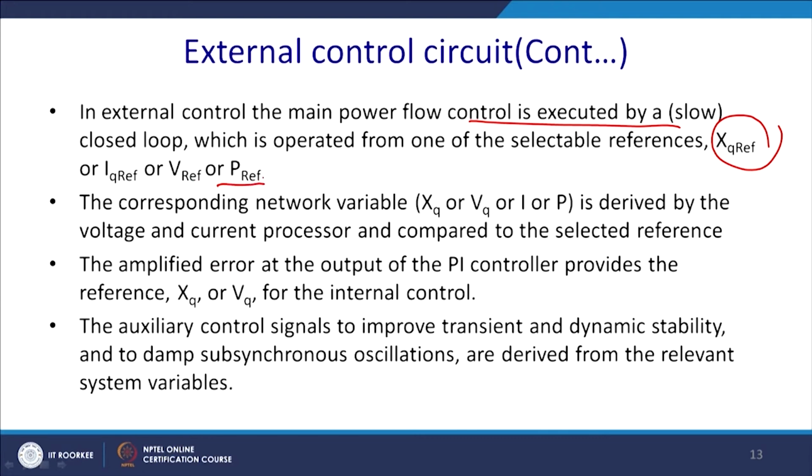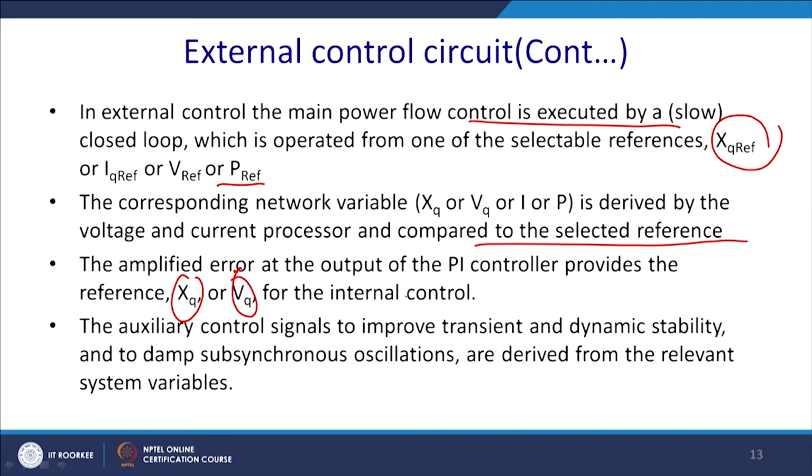The corresponding XQ, VQ, I or P available in the network is derived by the voltage current processors and compared to the selected reference. The amplified error at the output of the PI controller provides the reference VQ and XQ for the internal control.